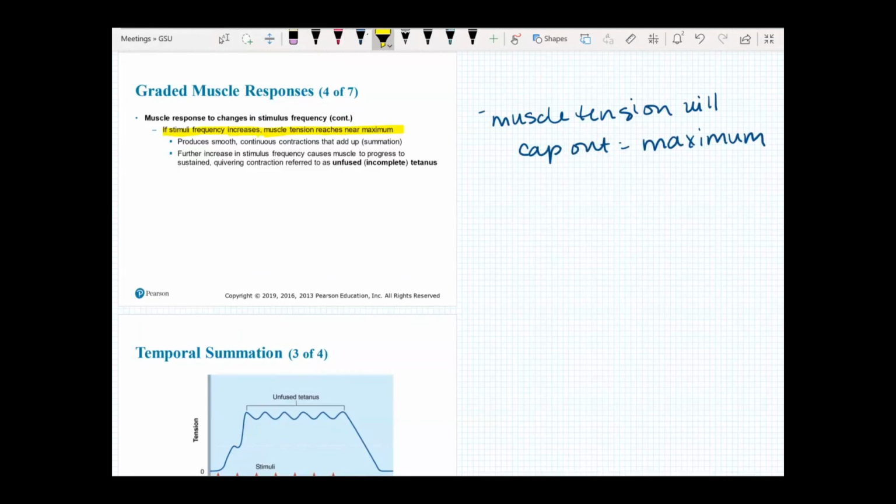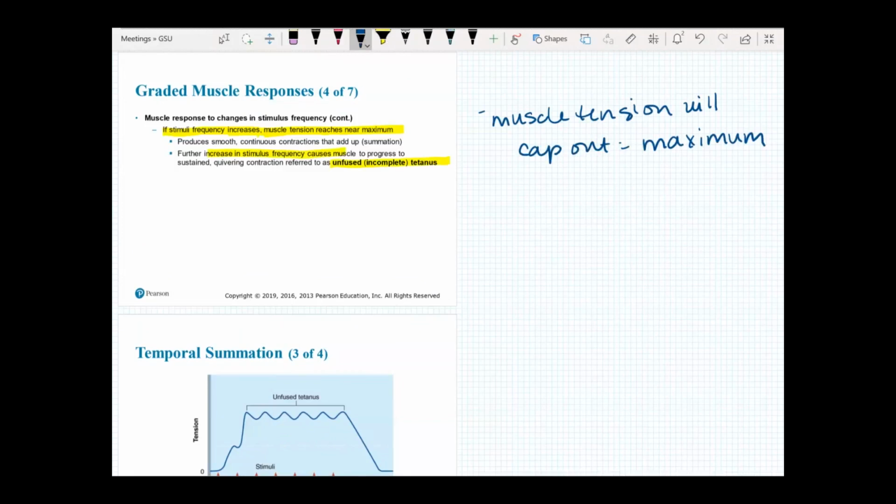And that's what's going to happen in this process called unfused or incomplete tetanus. Essentially, you are doing increased stimulus frequency. We are telling it to go a whole lot more.